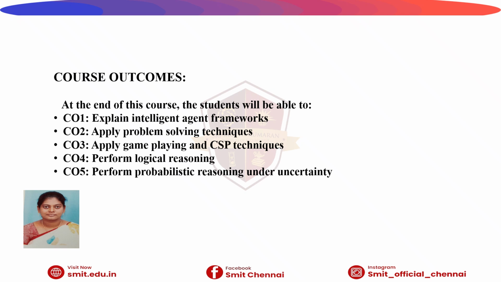Third course outcome for unit 3 is to apply game playing and CSP techniques. CSP is constraint satisfaction problems. Fourth course outcome for unit 4 is to perform logical reasoning. Then the last one, course outcome 5, is for unit 5, to perform probabilistic reasoning under uncertainty.